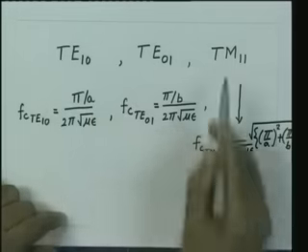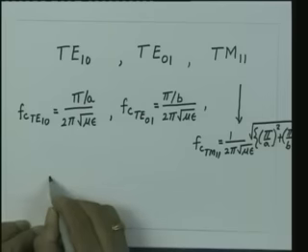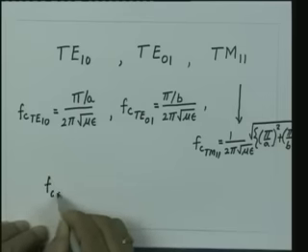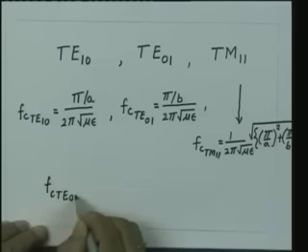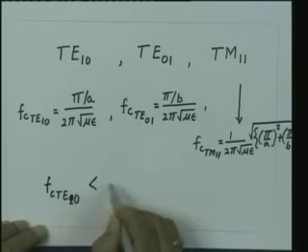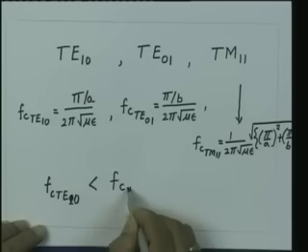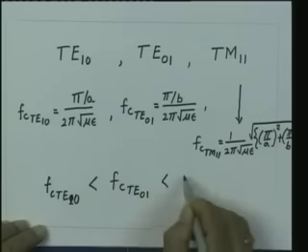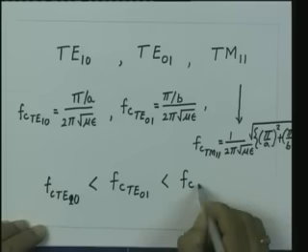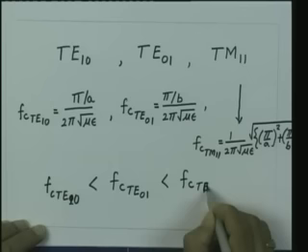So, in general, if I take these three modes, essentially I get the cutoff frequency Fc TE10 is less than the cutoff frequency for TE01, which is less than that for TM11.